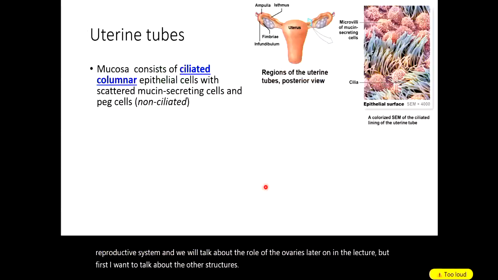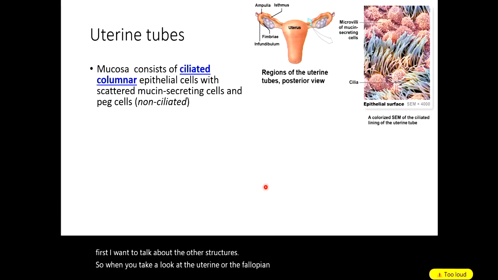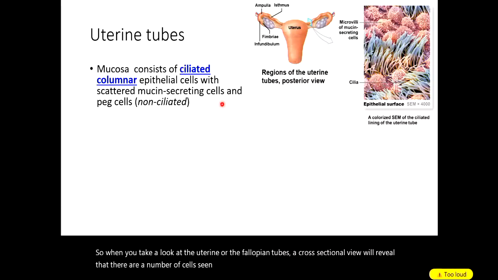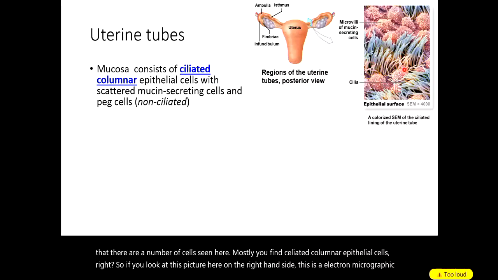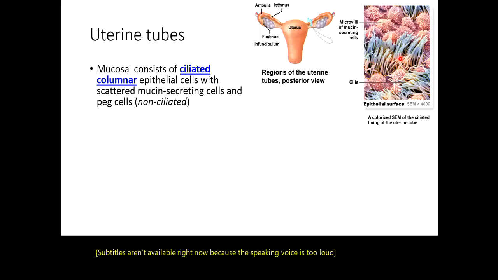So when you take a look at the uterine or the fallopian tubes, a cross-sectional view will reveal that there are a number of cells seen here, but mostly you find ciliated columnar epithelial cells, right? So if you look at this picture here on the right hand side, this is an electron micrographic image with a lot of the ciliated cells which are seen.